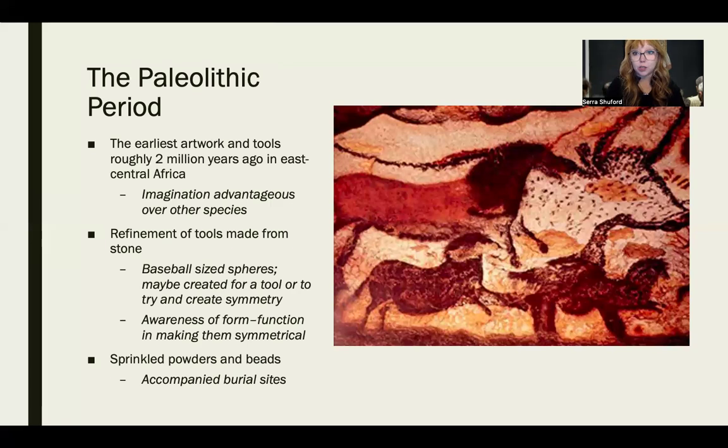And so we just know that there was some attempt to make something formally look a certain way for a particular function. We also see sprinkled powders and beads, maybe used for very early paintings or drawings, and these accompanied burial sites as well. These can be categorized as earthen pigments, if you will.